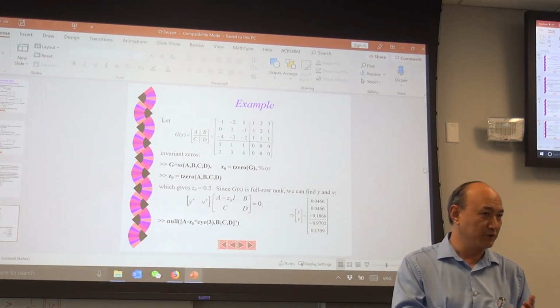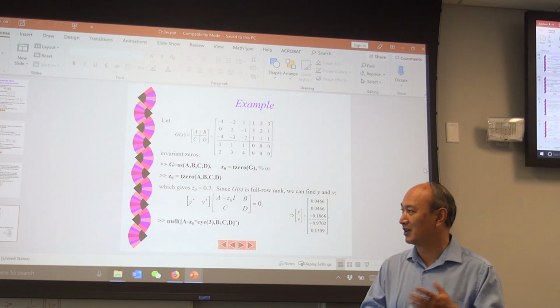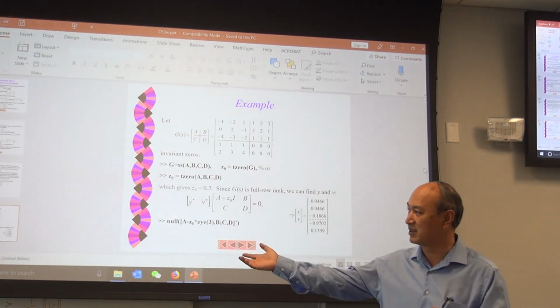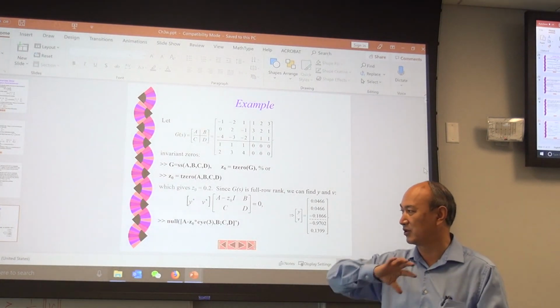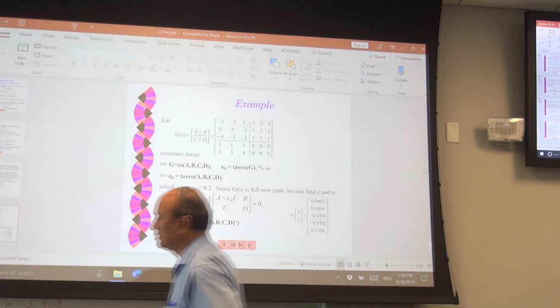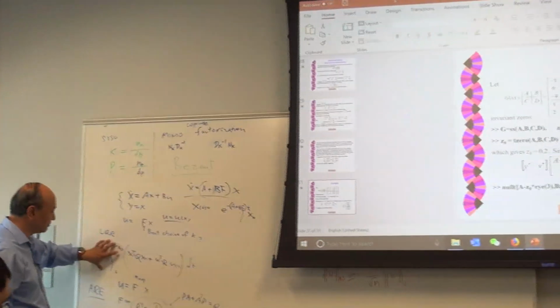LQR is an optimal control solution. Given A, B, you don't have C, you don't have D. Then you have a performance index. You penalize the trajectory of your X. You penalize your control energy. Then you try to find the best control to make it happen.